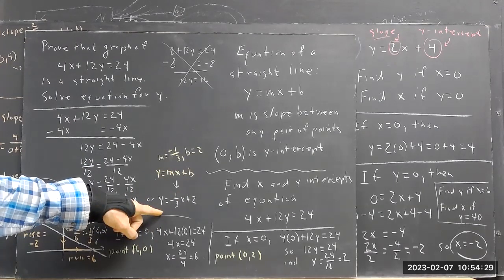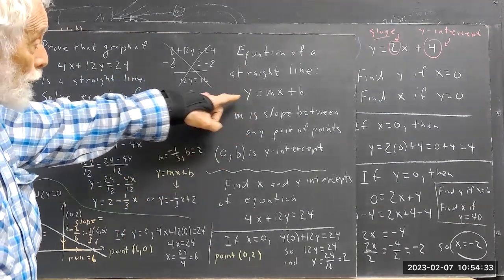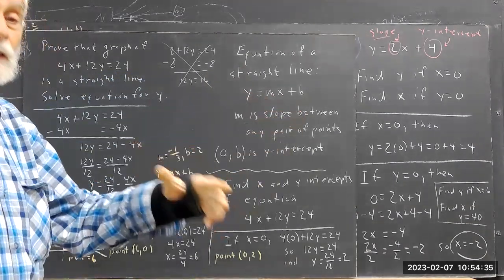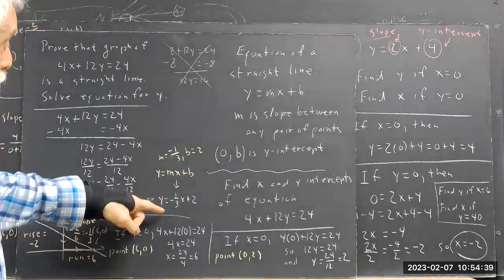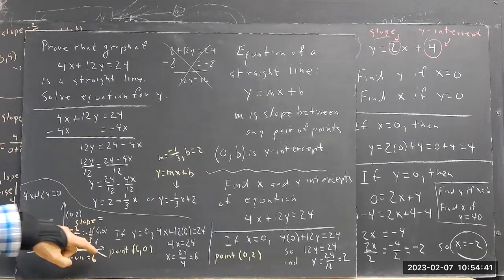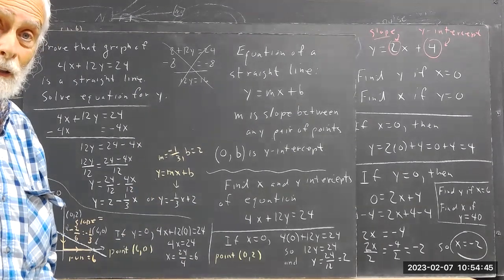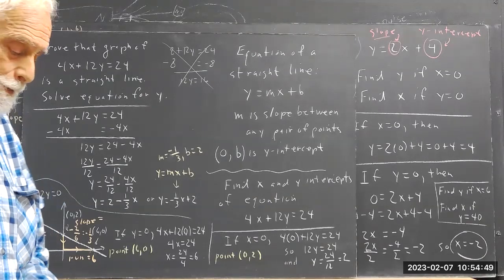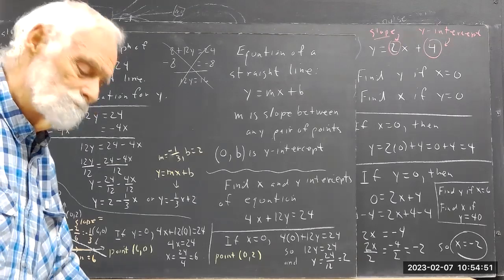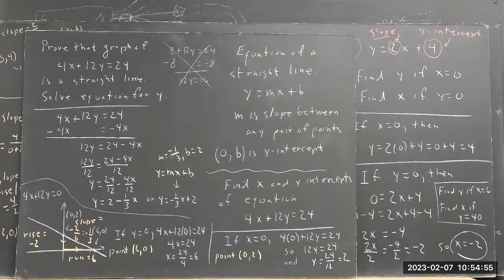And since I've said that y equals mx plus b is always the equation of a straight line, then we know this is a straight line. Since we know the two intercepts, I was justified in drawing a straight line through those 2 points. Okay. And if you understand that, pretty good start on understanding linear functions.